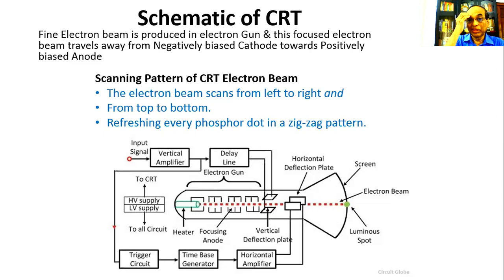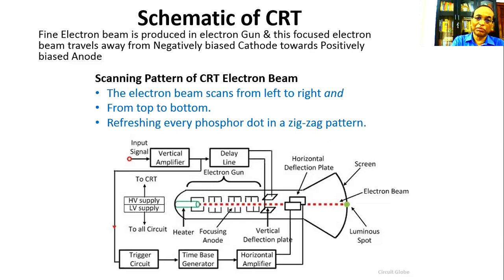Then the beam, after proper deflection by the required signal, will impinge on the phosphor surface. A luminous spot will be there if there is no signal. This screen is phosphor coated, so the electron beam will impinge on it and give the video display. So this is the very basic feature.